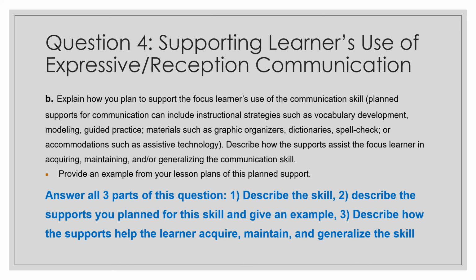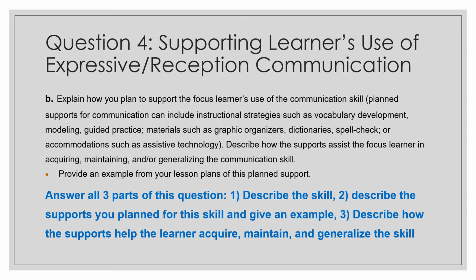First, you're going to describe the skill. And then second, you're going to describe the supports you planned for this skill and give an example of that. And the supports, they have some suggested things here, such as modeling, guided practice, graphic organizers, dictionaries, spell check, accommodations, assistive technology. Think about what your learner needs.